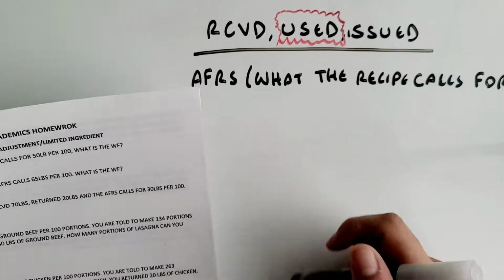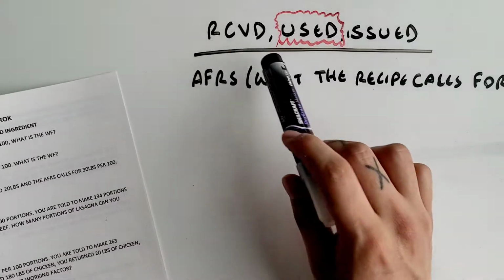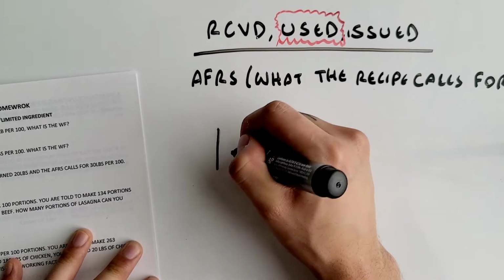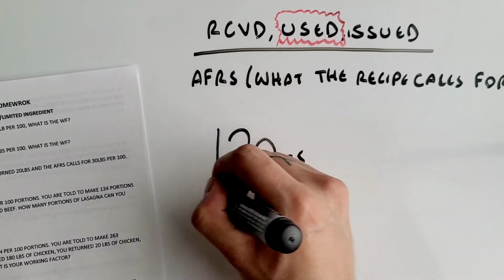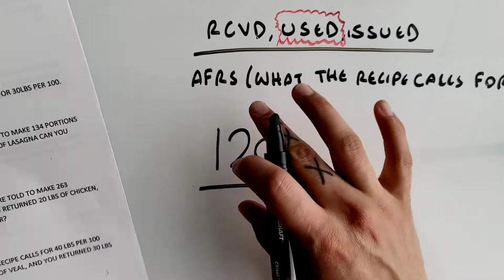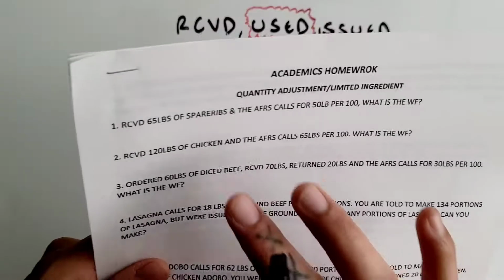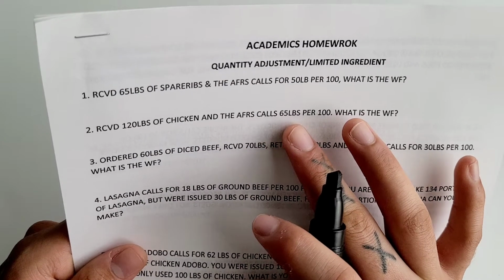So the same like we did earlier, you received 120, so that number is gonna go on the top. So 120 pounds divided by your AFRS, what the recipe calls for. So, and the AFRS calls for 65 pounds per 100.